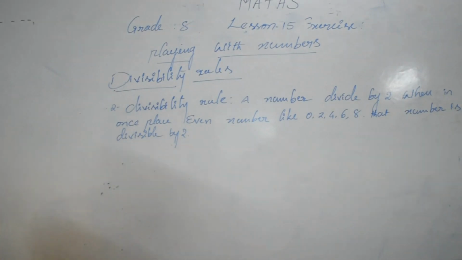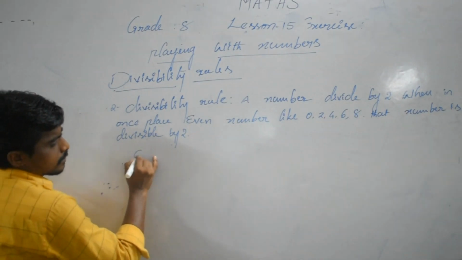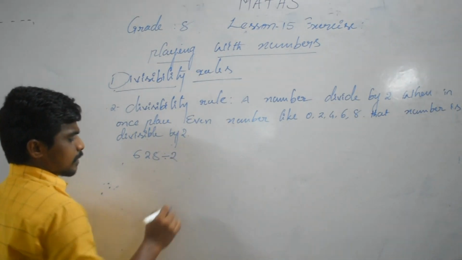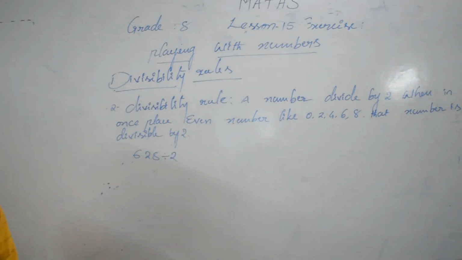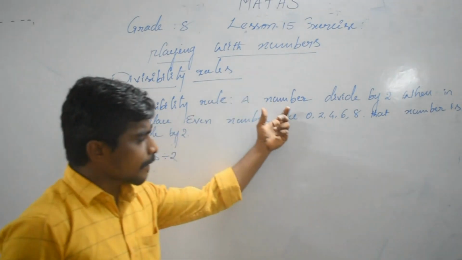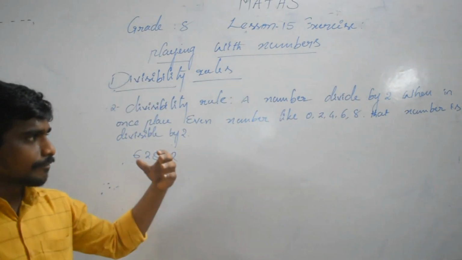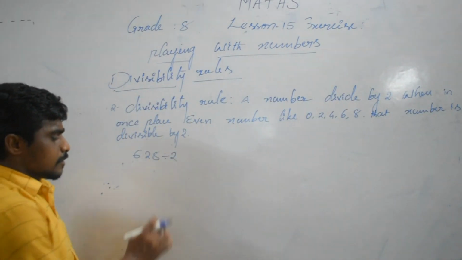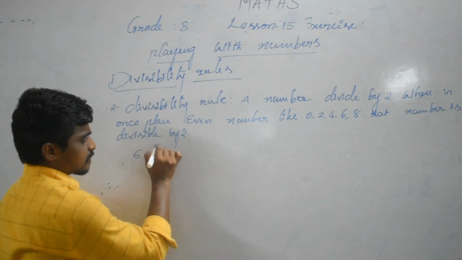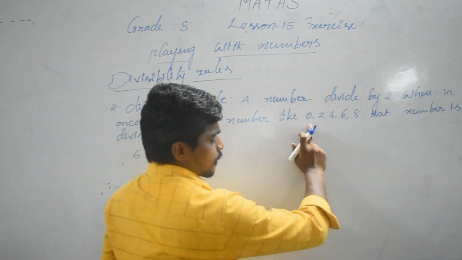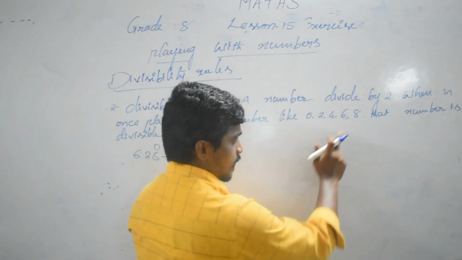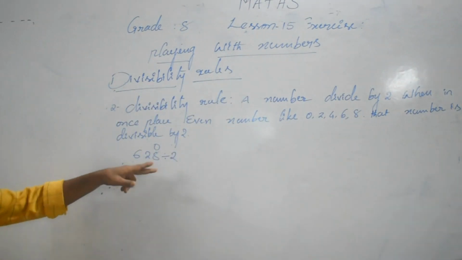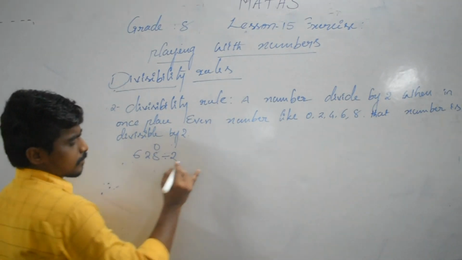Here, 628 divided by 2. Is this divisible or not? A number is divisible by 2 when its one's place has an even number.